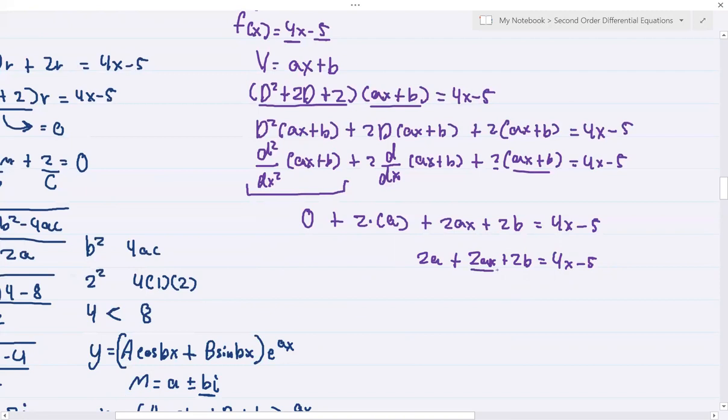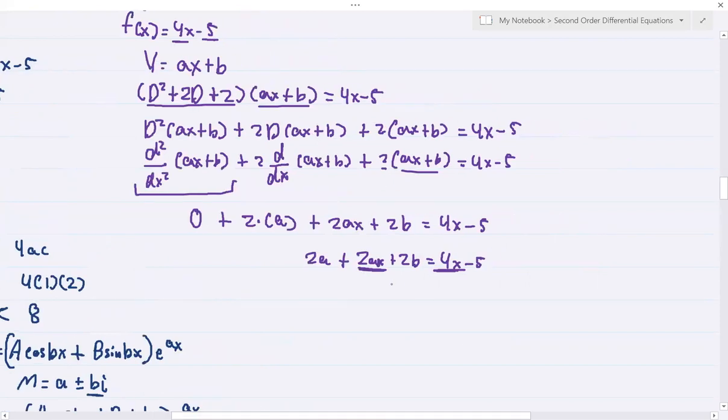First, let's start with 2ax. Since we have 2ax, the only term that has x on the left side, do you think on the right side there is a term that is similar to your 2ax? The answer is yes, which is your 4x.